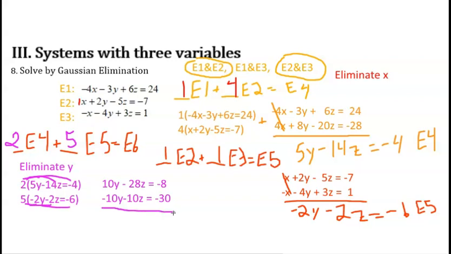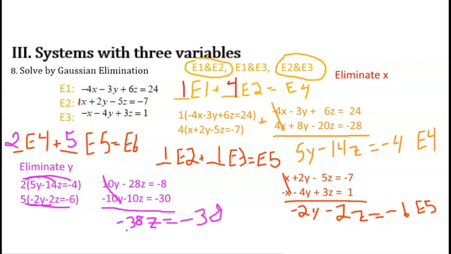So after we've multiplied the two equations, we'll combine like terms. These eliminate. We have negative 38z equals negative 38.